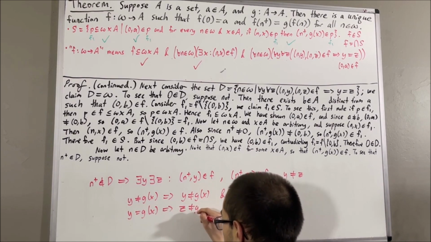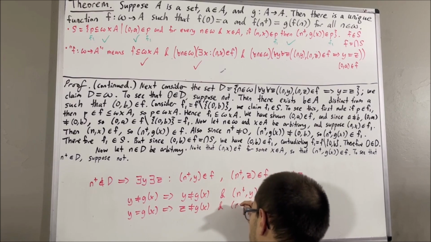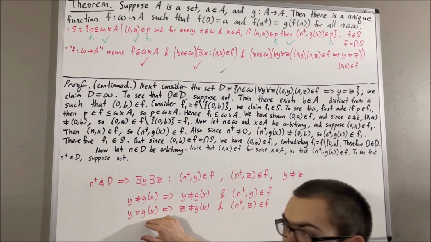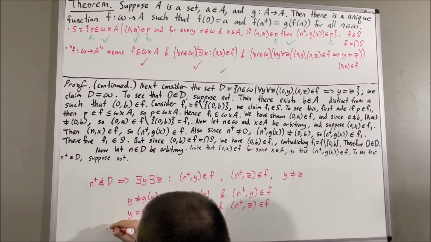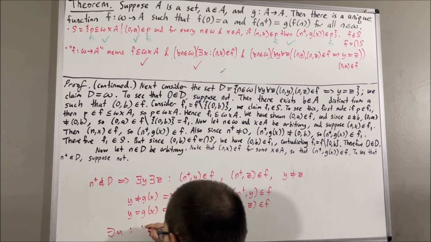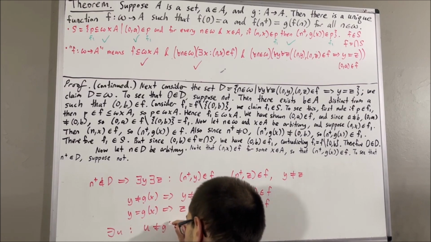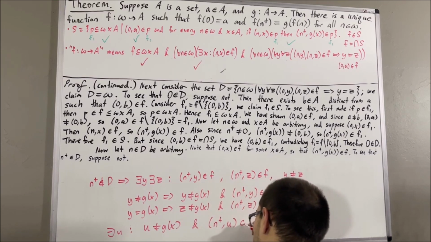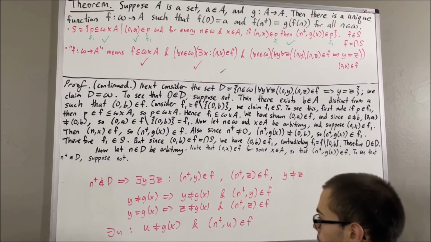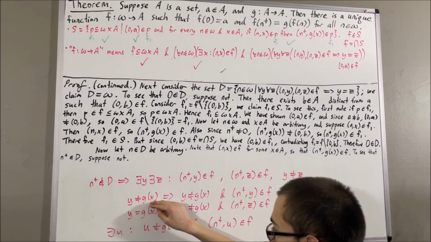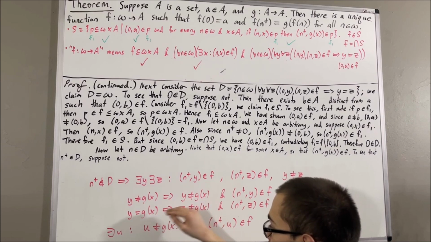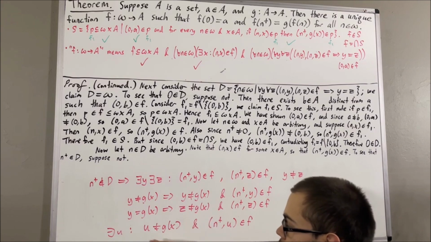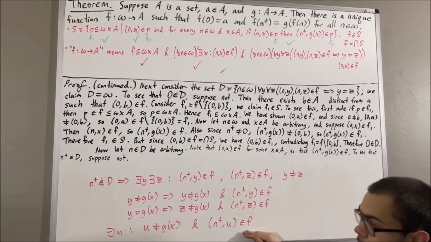So z is not equal to g of x, and also we know that successor of n comma z is an element of F. And so what this shows is, no matter what, there exists an object, u, such that u is distinct from g of x, and has the property that the successor of n comma u is an element of F. Right? In the case where y is not equal to g of x, just take u to be y. In the case where y is equal to g of x, just take u to be z. So, no matter what, this is true.